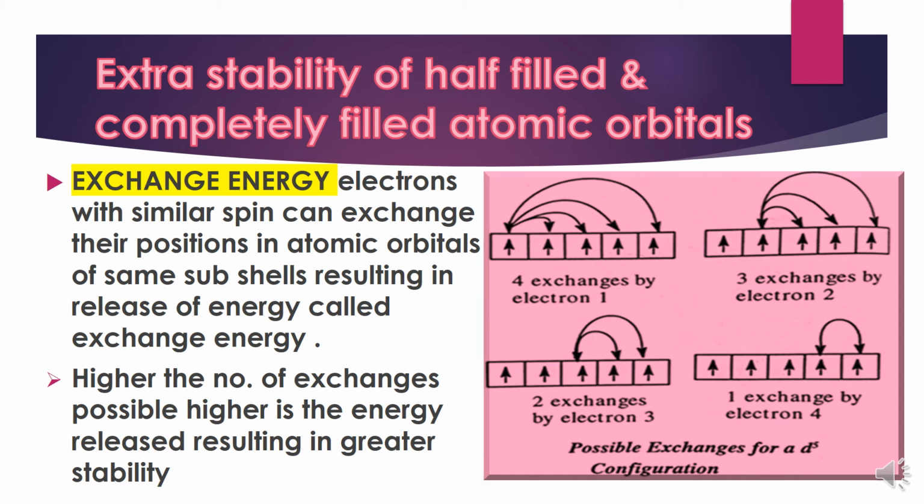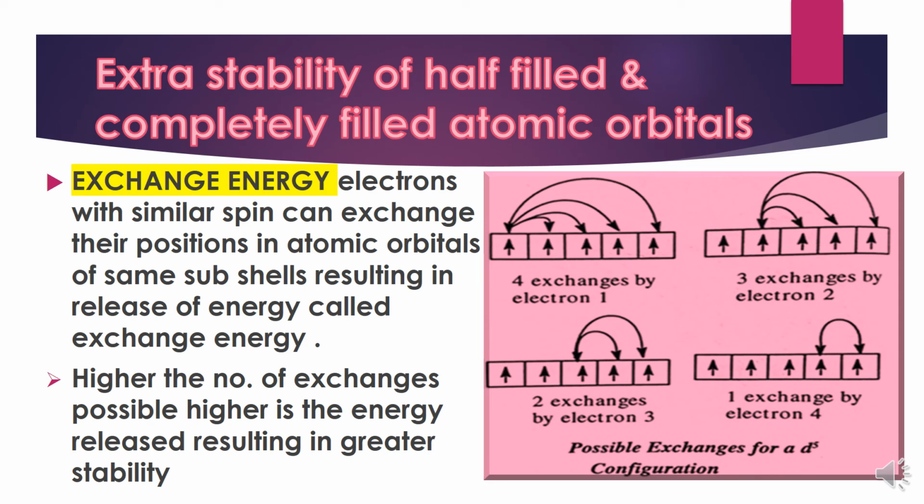Means, within a subshell, among the orbitals, if the electrons have the same spin, they keep exchanging their positions with each other, and during this exchange some energy is released. And when energy is released, obviously the electronic energy will decrease, and as we know, decreased or lower energy is a state more stable for electrons as compared to higher energy. So the greater the number of exchanges possible, the greater the energy released and hence the more the stability.